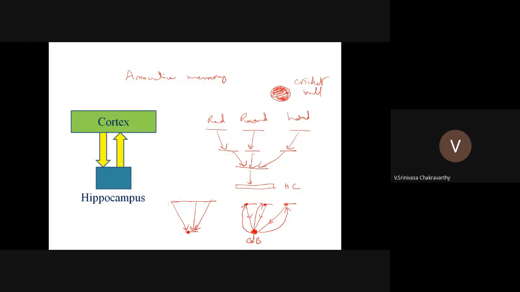The moment you get these two, you are looking at something red and it feels hard, and therefore the idea of cricket ball comes to your mind, and then you also fill in and say it has to be round. Because when real world objects present themselves, they present themselves as a complex of multiple sensory patterns. There's a pattern which has lots of components, and all those components come together.